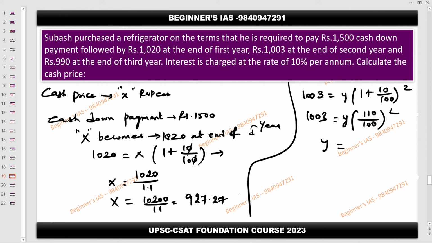So then Y is equal to 1003 into 100 into 100 by 110 into 110. So you can calculate this.